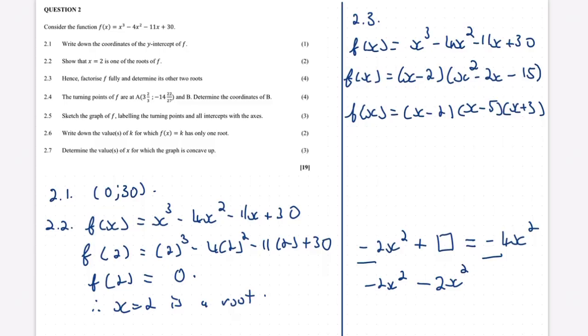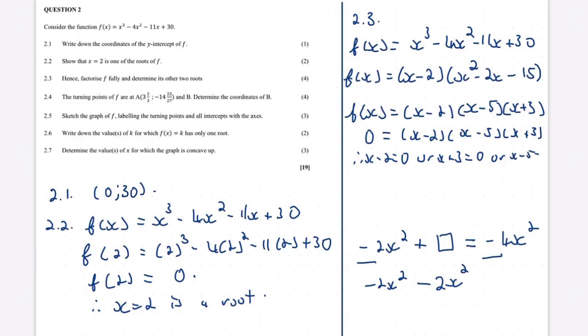So we've fully factorized, and we can see now that if we want to find the roots, we'd make y 0 here. So 0 is equal to x minus 2 times x minus 5 times x plus 3. Meaning x minus 2 is equal to 0, x plus 3 is equal to 0, or x minus 5 is equal to 0.